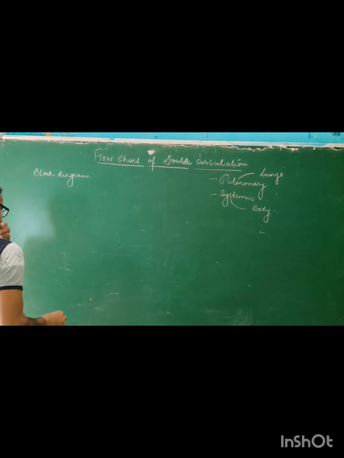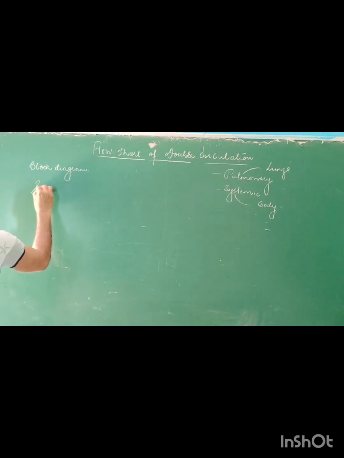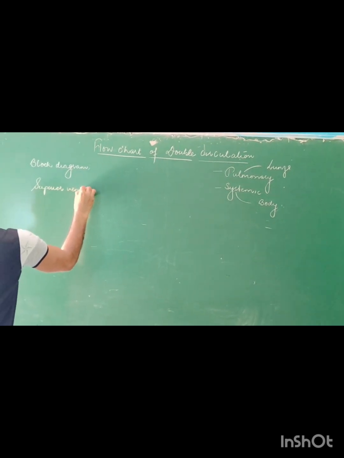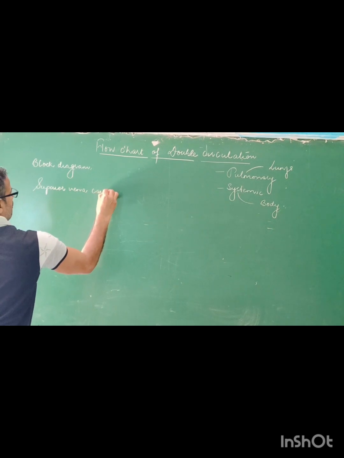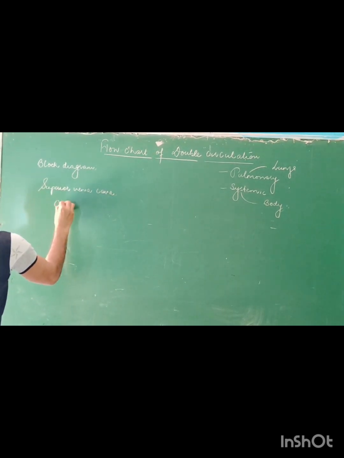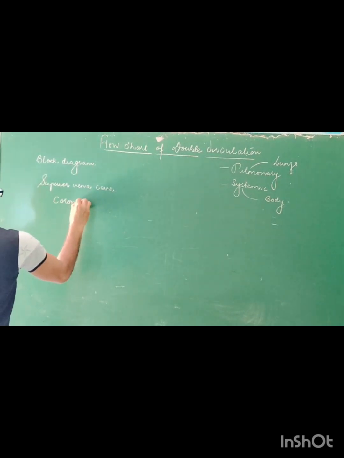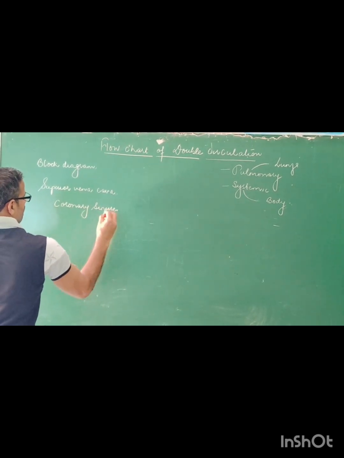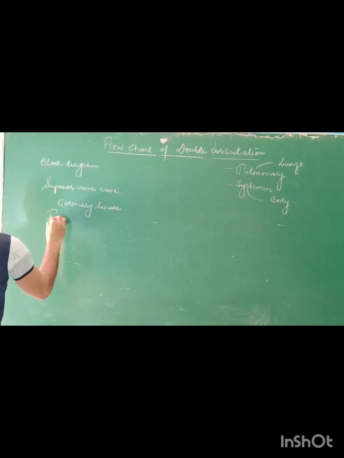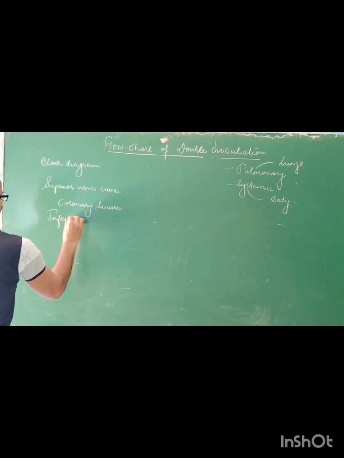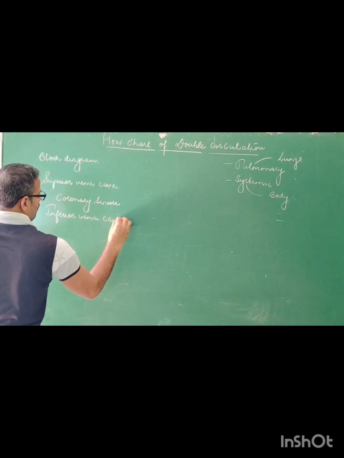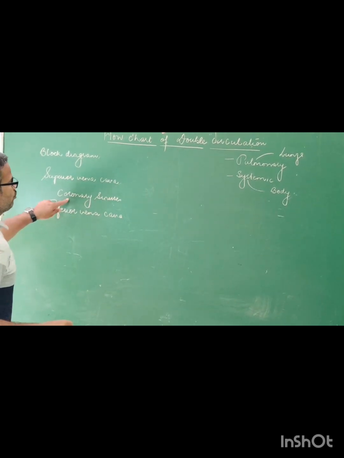So first is superior vena cava, coronary sinuses, inferior vena cava. So you know what is coronary sinuses?